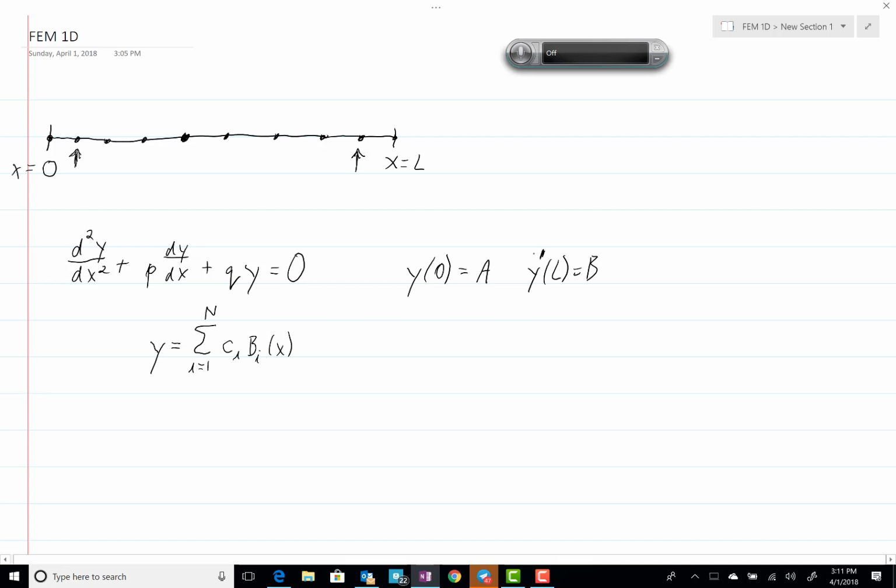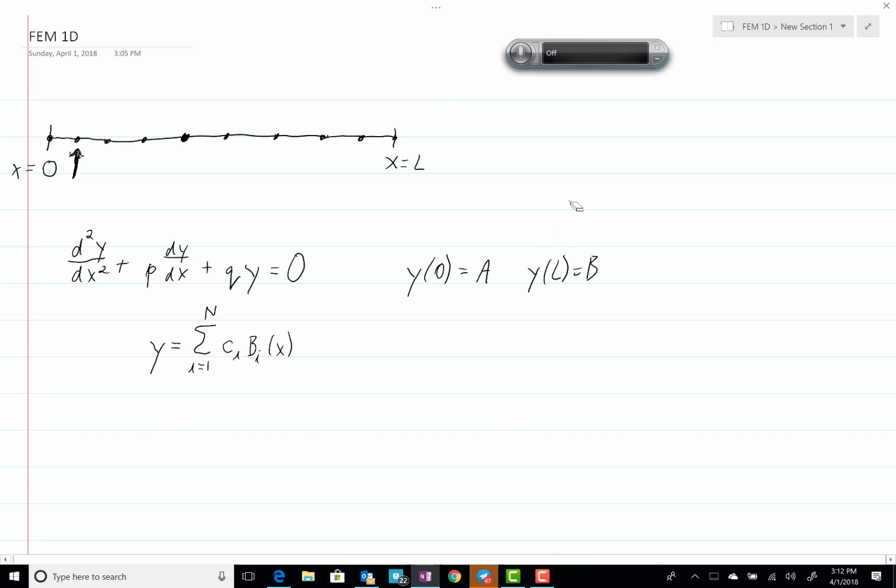Well, in that case, we don't know y at L, and so we would need to number from the same first node, but then we would stop numbering at x equals L. So I think that this will become clearer as we proceed, and for right now I'll go with the easiest case, which is with two Dirichlet boundary conditions.